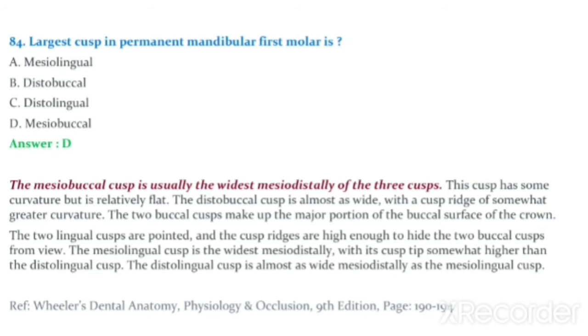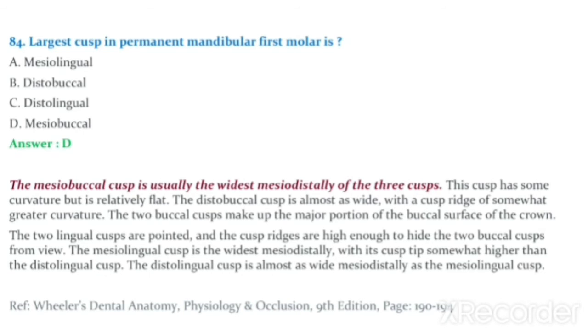The two buccal cusps make up the major portion of the buccal surface of the crown. The two lingual cusps are pointed and the cusp ridges are high enough to hide the two buccal cusps from view. The mesiolingual cusp is the widest mesiodistally, with its cusp tip somewhat higher than the distolingual cusp.